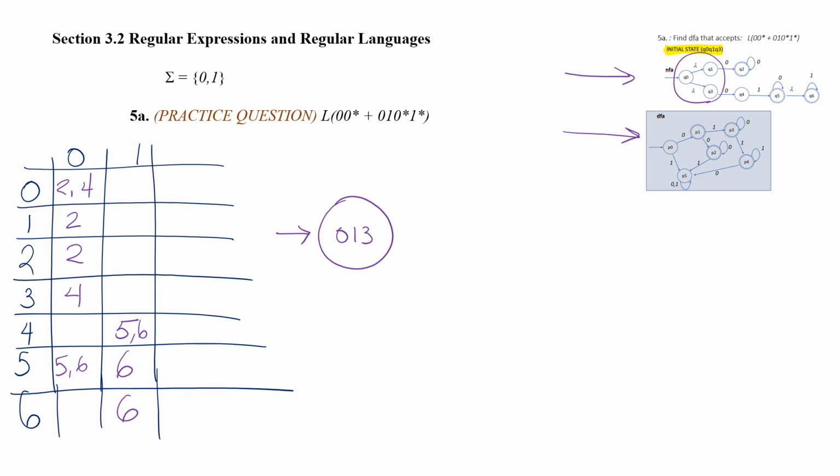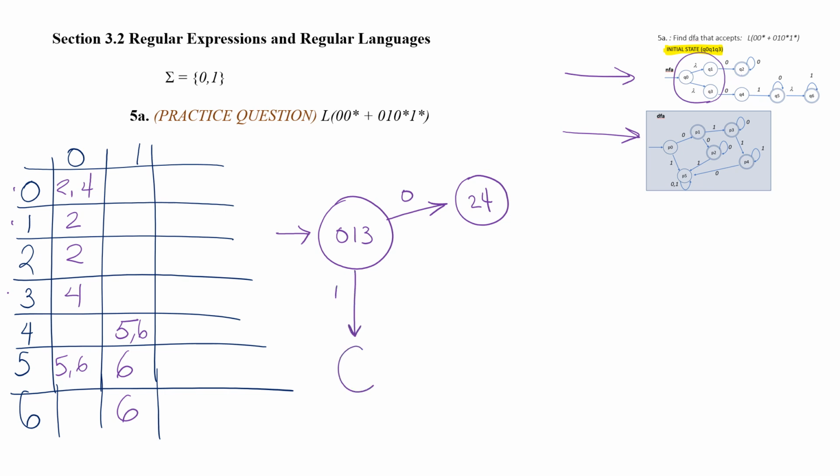So now I go over here and I look at 0, 1, and 3. From 0, 1, 3 with a 0, I can get to 2, 4. 0, 1, 3 with a 1, I don't go anywhere.